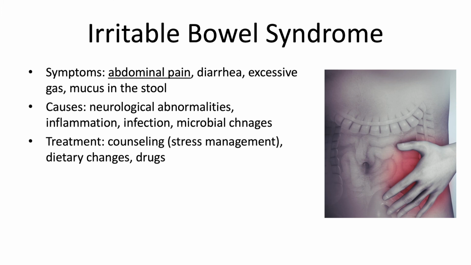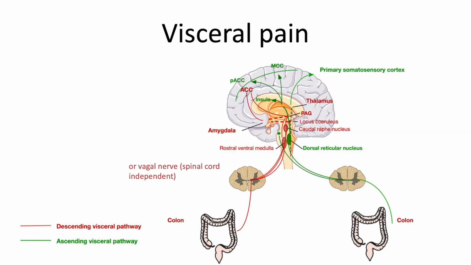However, I would like to focus on the neurobiological abnormalities that may cause oversensitization to normal stretching. Basically, in this case, there is poor coordination of signals between the brain and the intestines. It is the gut afferents that may be involved in the pathophysiological visceral pain.